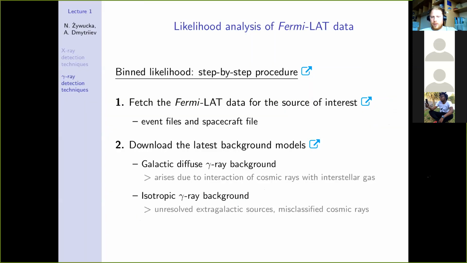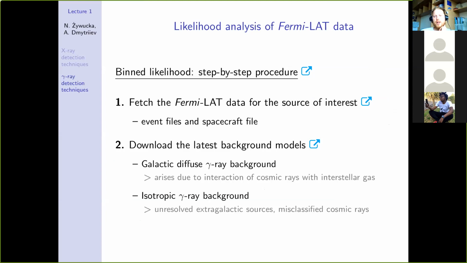Next, you obviously need to download the latest background models. For a likelihood analysis, you need models of background, very precisely specified. There are two kinds of background. First, you have the galactic diffuse gamma ray background.